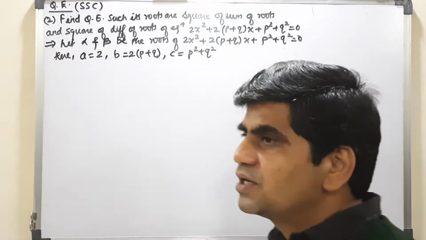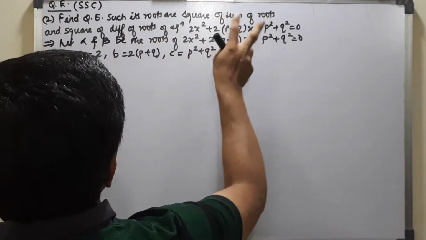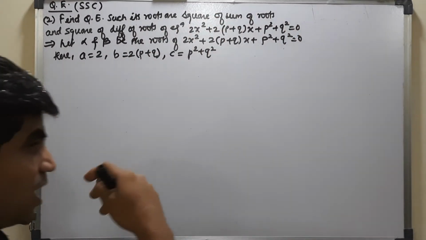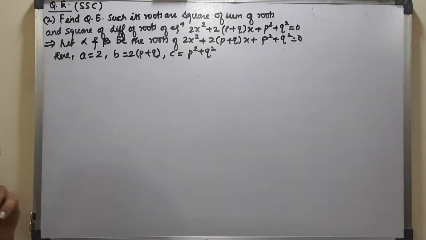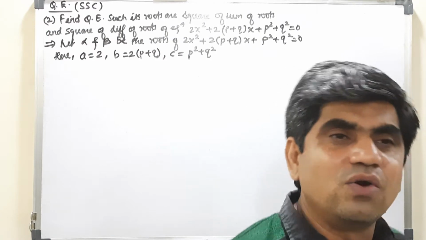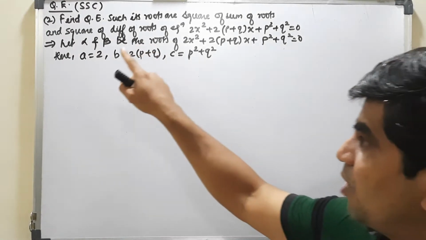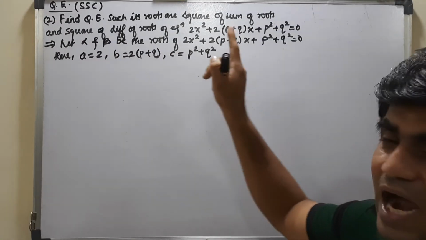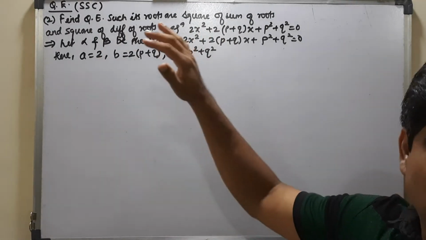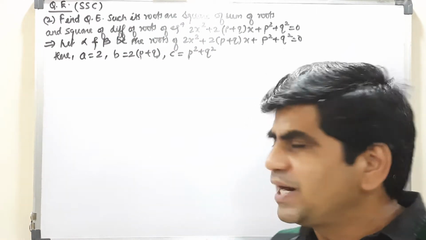So here it is talking about the square of the sum of roots. That means it is talking about the sum of roots and the difference of roots also, right? So both the things are completely dependent on the sum of roots of this equation and the product of roots of this equation. I do not know whether it is useful or not, but I will find it and keep it.